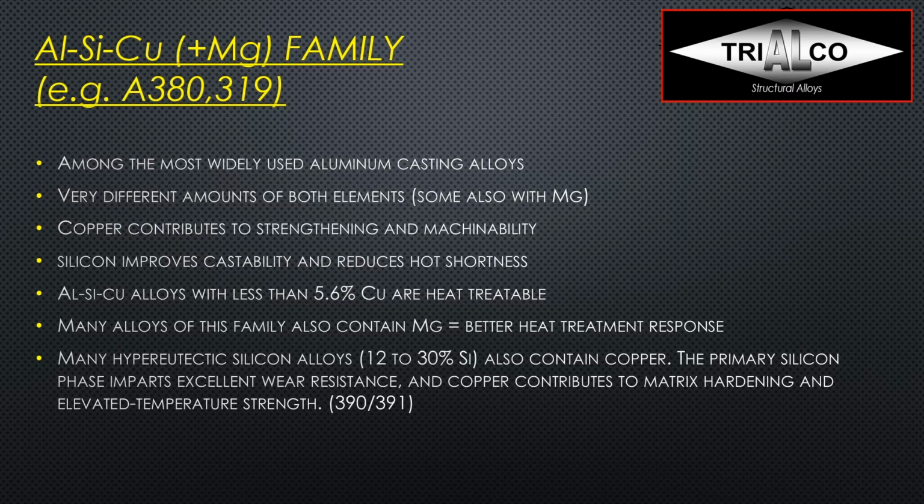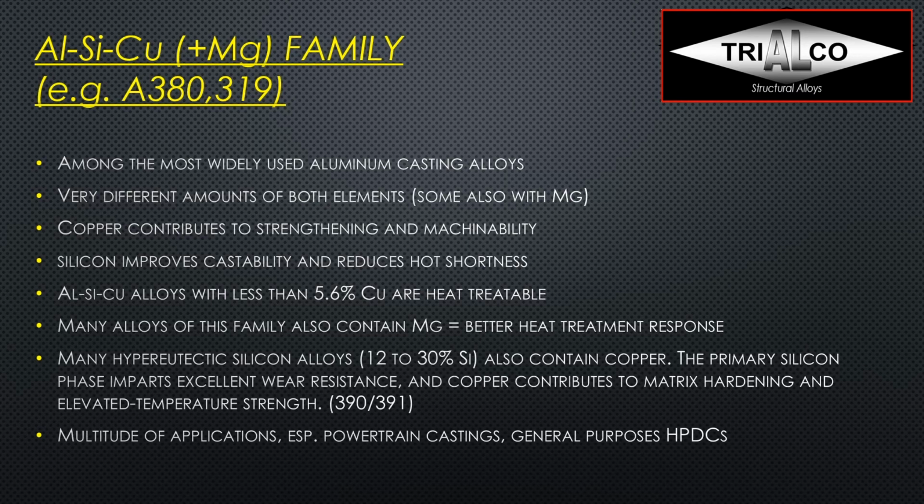So we get high temperature strength combined with wear resistance. And that's what we see in the 390 or 391, for example. There are a multitude of applications, but a lot of them are precisely where we have exposure to high temperatures, so in powertrain castings and also, of course, many general purpose high pressure die castings.